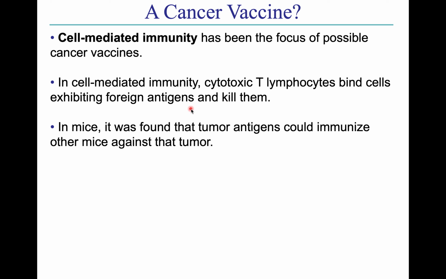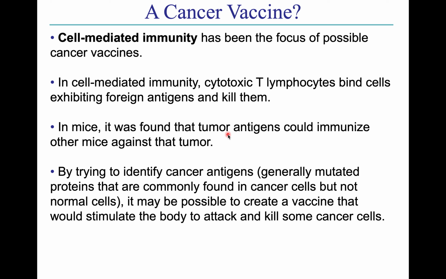In mice, they found some cancer-specific antigens, some protein unique to those cancer cells, and injected them into mice. The mice mount an immune response, develop antibodies against that particular antigen, and then if that specific cancer containing that antigen is intentionally introduced into the mice, the immune system does a much better job at taking care of those cancer cells. So there might be some possibility for at least some specific cancer vaccines down the road.